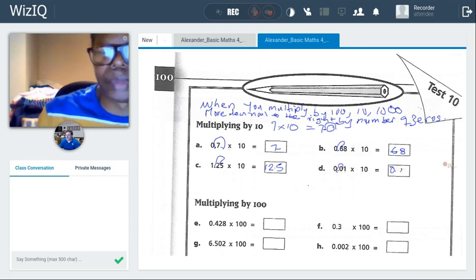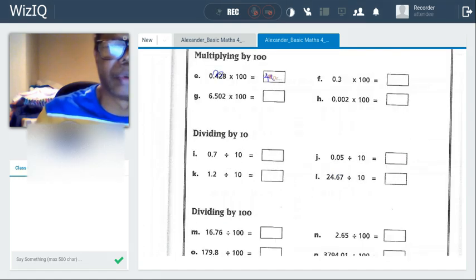Now, as I said, with 100, we're just counting the number of zeros. So there are two here. So we're going to move to the right, 1, 2. So therefore, it's going to be 42.8. Here again, it's going to be 1, 2. So we add the 0 where it is blank.